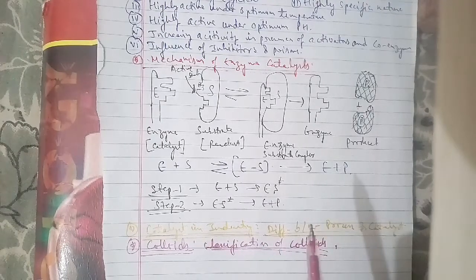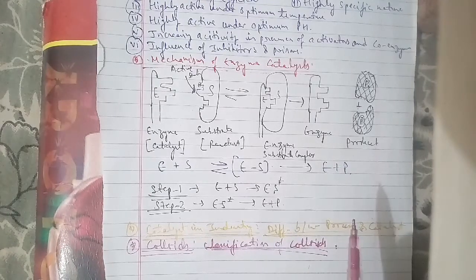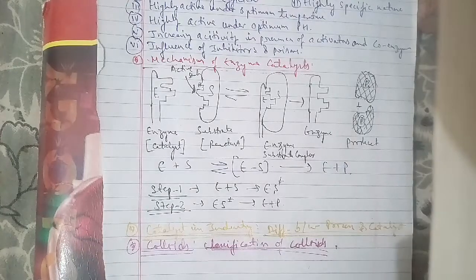We'll talk about many familiar ones as well, but we'll go ahead with the table first: dispersed phase, then dispersion medium, types of colloid, and of course the examples.